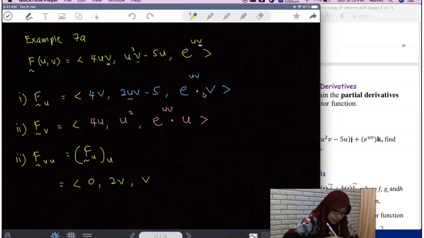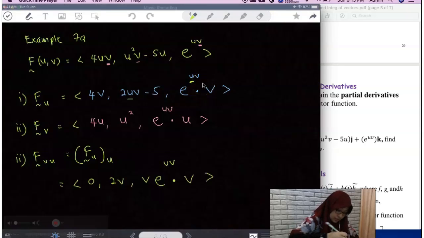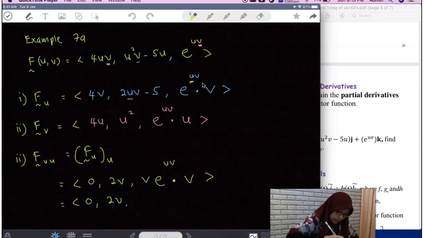So you differentiate the e, you get e back, e^uv, and differentiate uv with respect to u, so you get v. So when you simplify, you get 0, 2v, v squared e^uv.